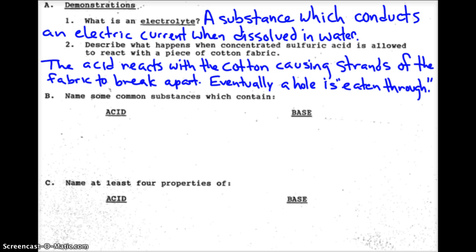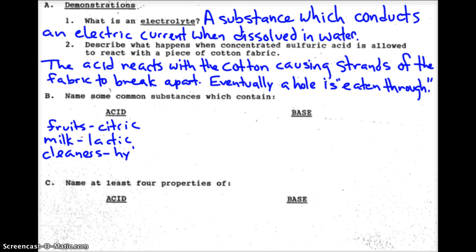In our daily lives, to think about a few, we know that in fruits there's citric acid. In milk we have lactic acid. There are a lot of household cleaners that have hydrochloric acid in them. Right now, as you're sitting and listening to this video, in your stomach there is also hydrochloric acid.